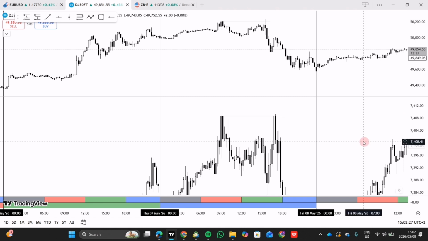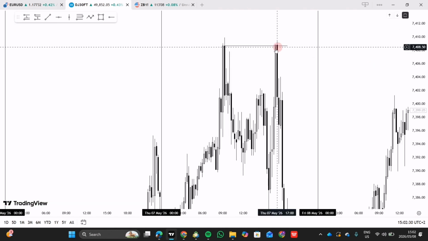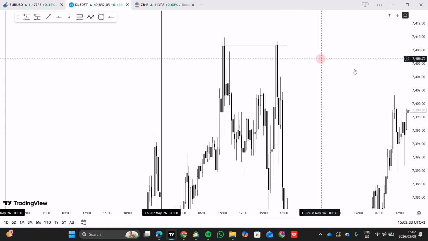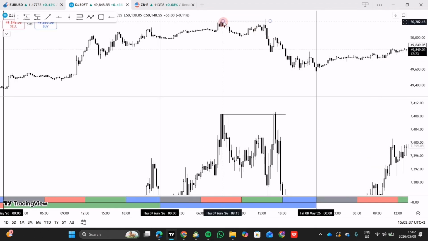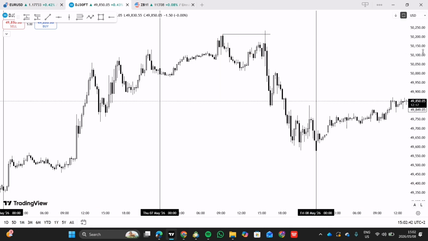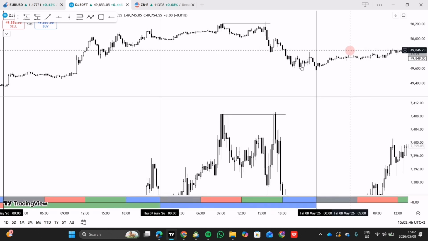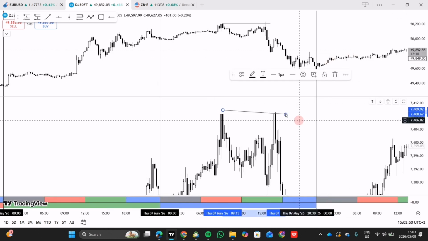So can you see that we had a body closure above over here? So this over here was sequential SMT right over there, failing to close above this body closure above over here on the US 30. We failed to close above over there. So that right over there was sequential SMT, okay? So we had sequential SMT.